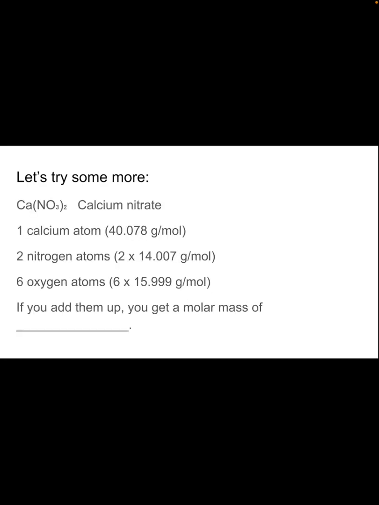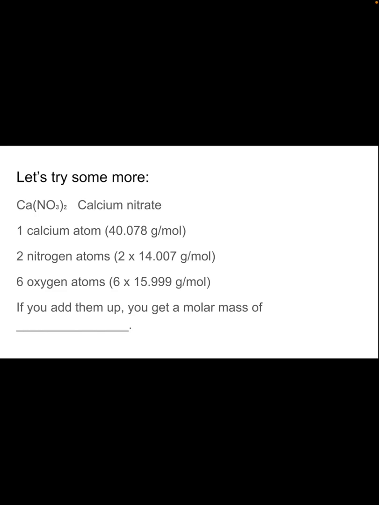Here's another one. I have calcium nitrate. Okay, since nitrate, NO3, is polyatomic, it makes it slightly more complicated because now I have that number on the outside of my parentheses that you need to pay attention to. So just make sure to distribute that 2 whenever you're multiplying.